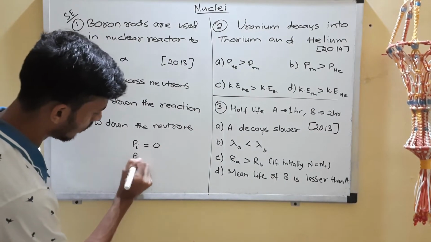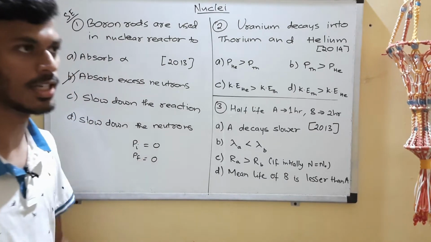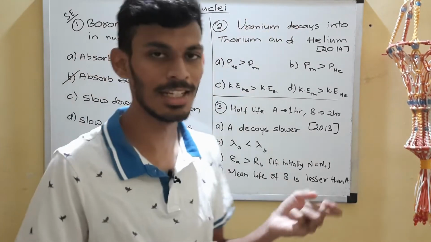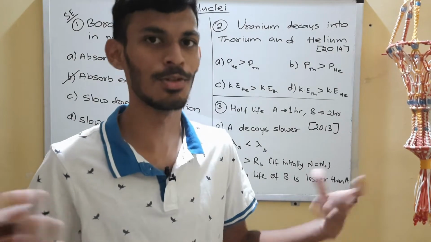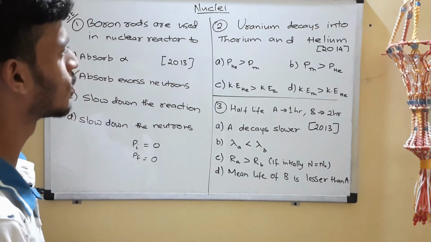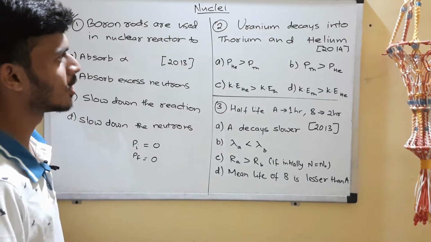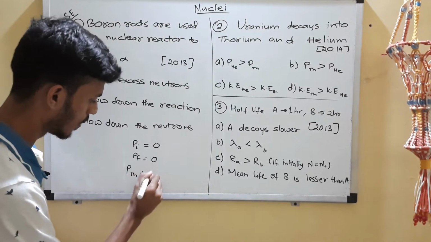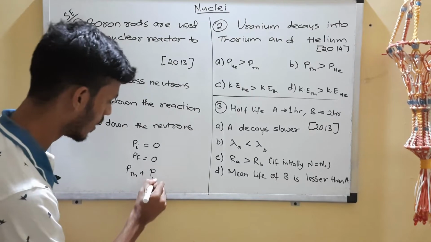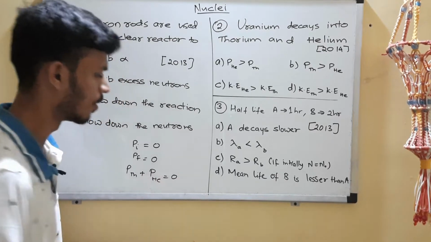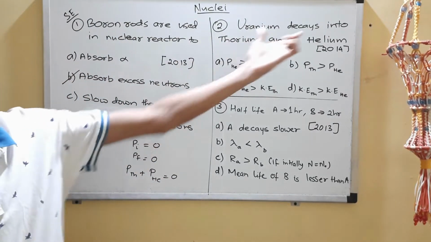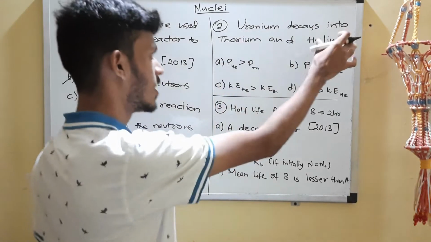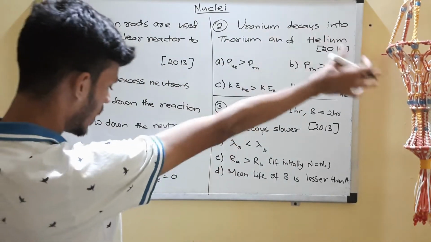And the final momentum will also be 0 because momentum is conserved, and this decays due to internal forces. There is no external force in this process, right? So the final momentum should also be 0. So the momentum of thorium plus the momentum of helium should be equal to 0, right? These are the two final products, right? So the momentum of this plus the momentum of that should be equal to 0.